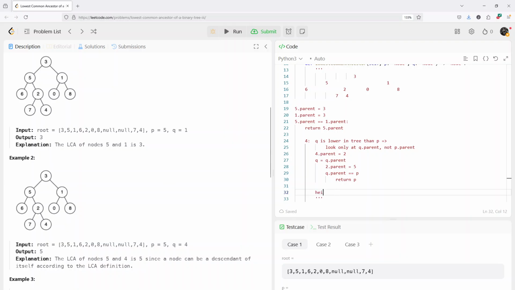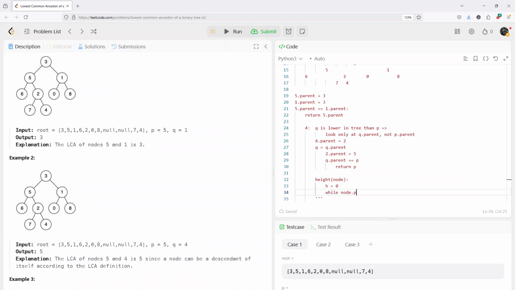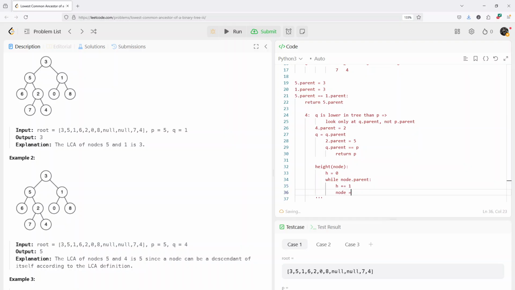So if we do something like height of node, we can start with h equals 0, and then while node dot parent, you increment h, and then node equals node dot parent.